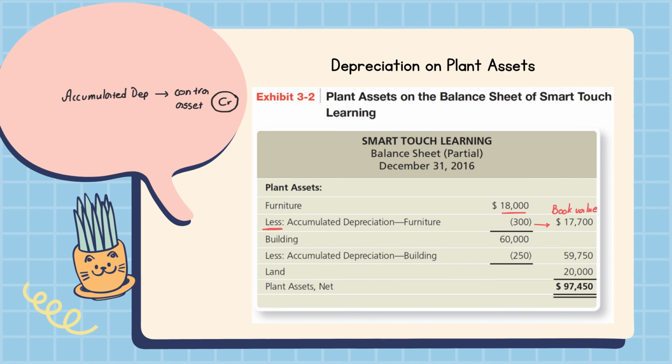Same thing for the building. The cost is 60,000 and the accumulated depreciation is 250, so the book value will be 59,750. For the land, we said it's never depreciated, so there will be no accumulated depreciation for the land.